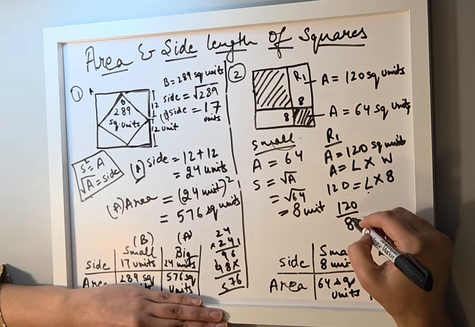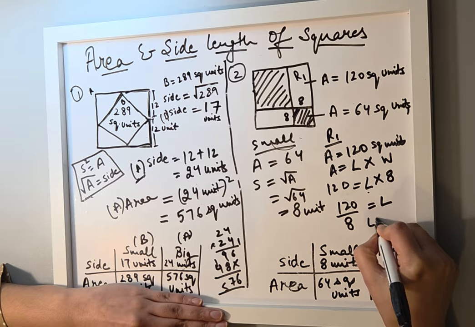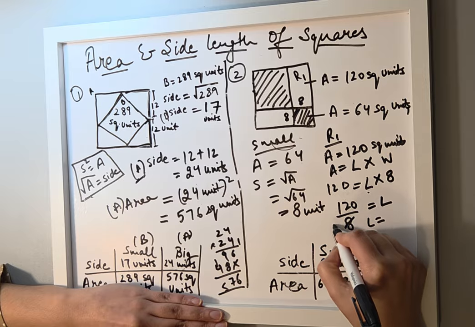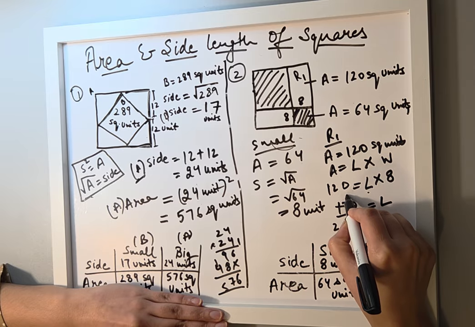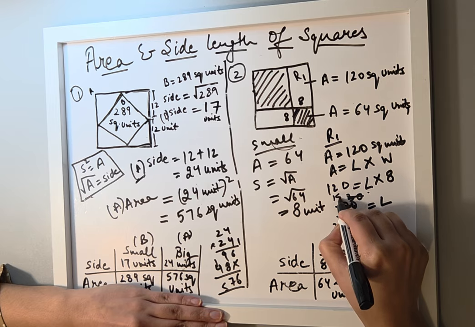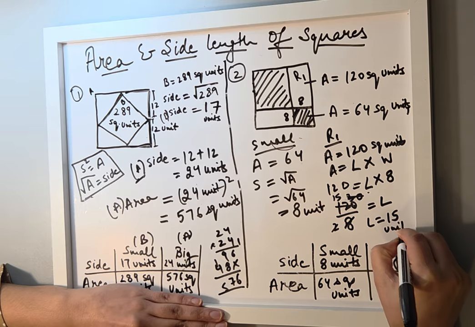So we do 120 divided by 8, and that will give us the length. 4 twos are 8, 4 threes are 12, and then 0, and then 2, so 15. So length will be 15 units.